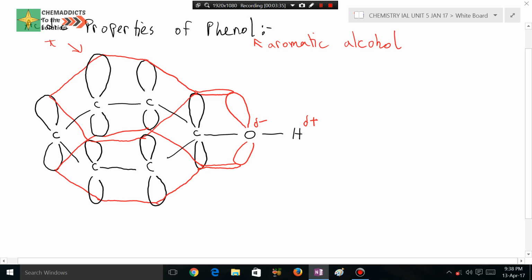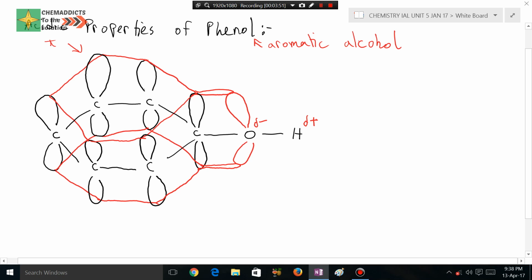Now let's know the reason behind this. The lone pair of electrons on the oxygen atom gets incorporated into the ring. This increases the electron density inside the ring.